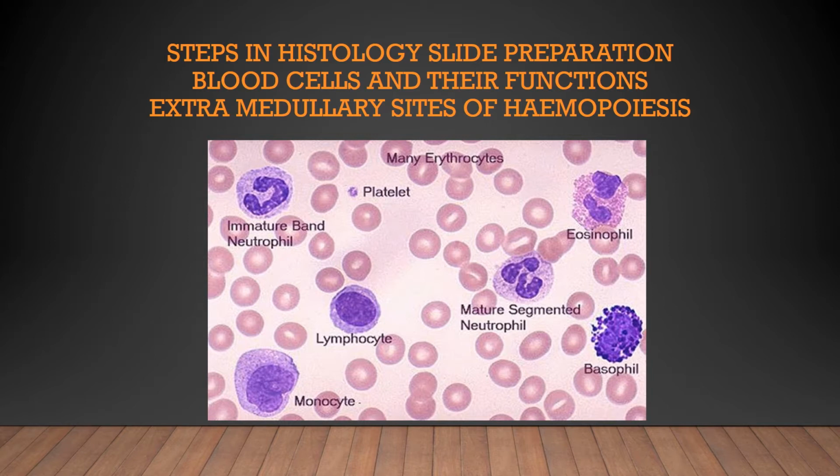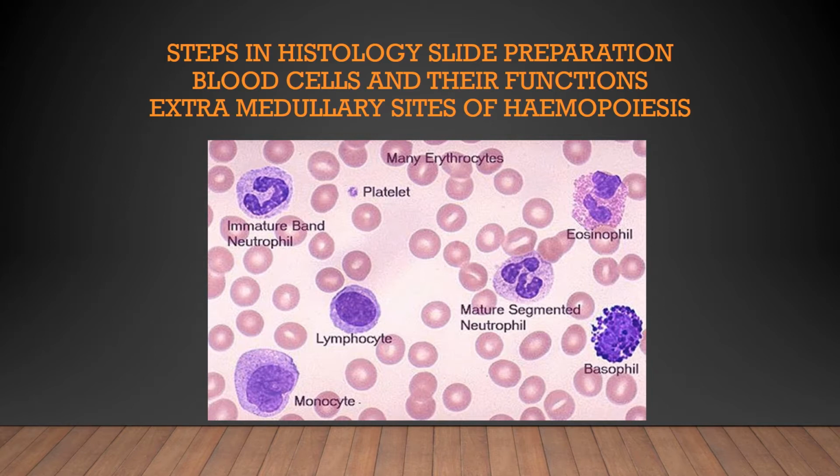Okay, so for blood cells and their function, you have erythrocytes, which are the most abundant. They have a characteristic pink staining with a central pale area due to their concavity, and their function is oxygen transport.